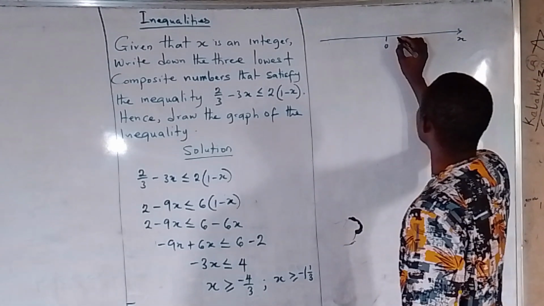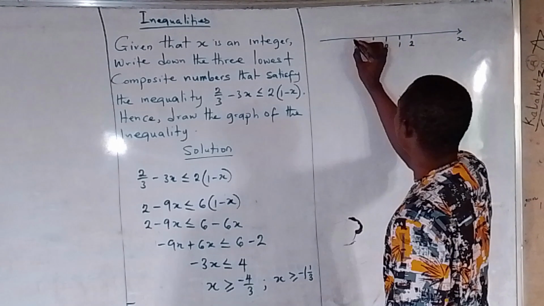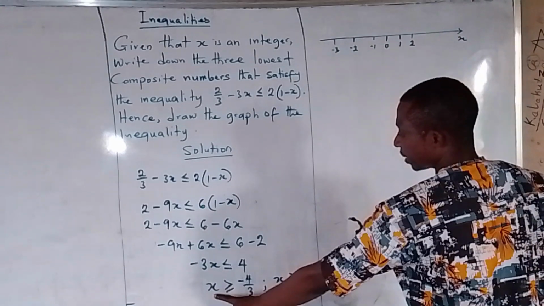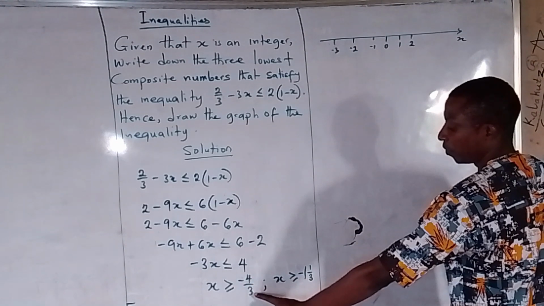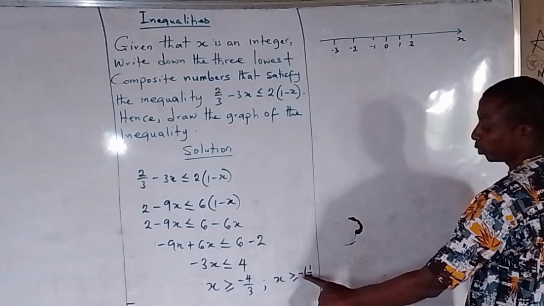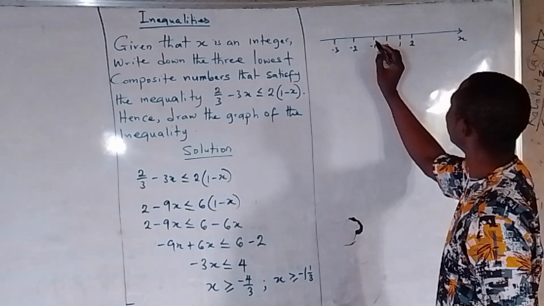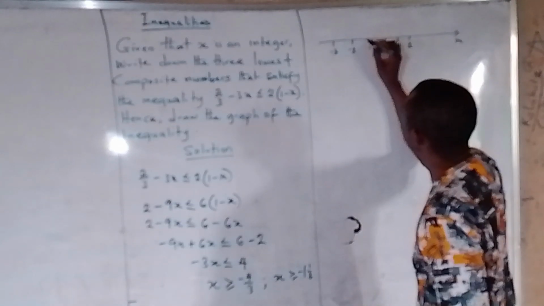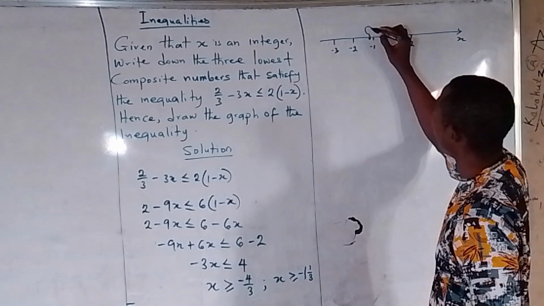So we have x. This is 1, 2, and so on. We have minus 1, minus 2, minus 3, and so on. Now, x is greater than or equal to minus 4 over 3. That's the same thing as x is greater than or equal to minus 1.3. So minus 1.3 should be around this place.